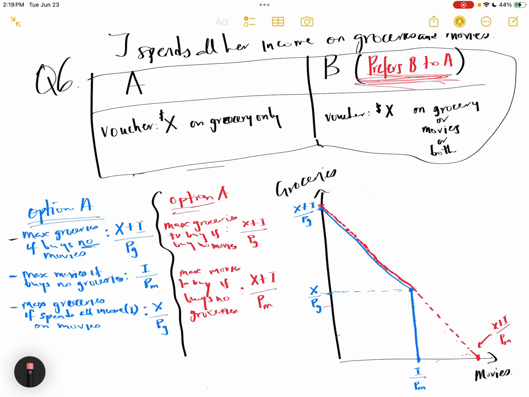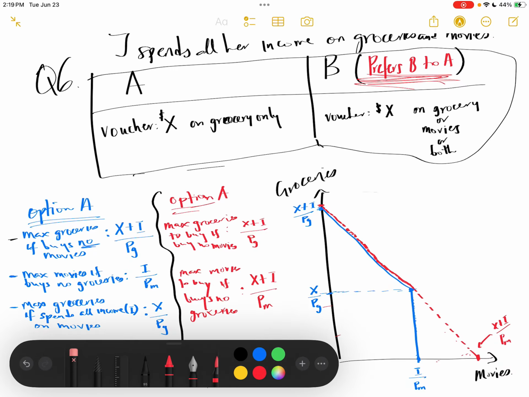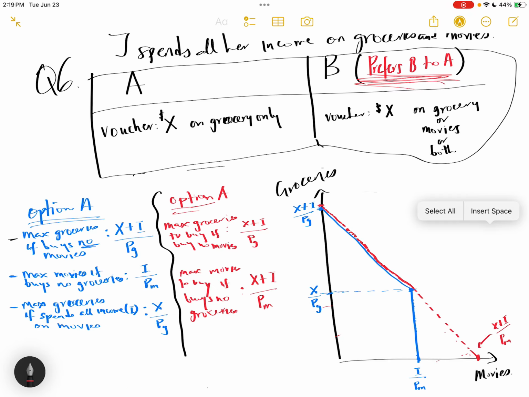Right, let's take this again. What is happening in this extra piece that I had colored in red polka dots? Take a point in that extra piece. Let's call that point W. At W, the consumer is spending less than the voucher on groceries, and spending the extra on movies.